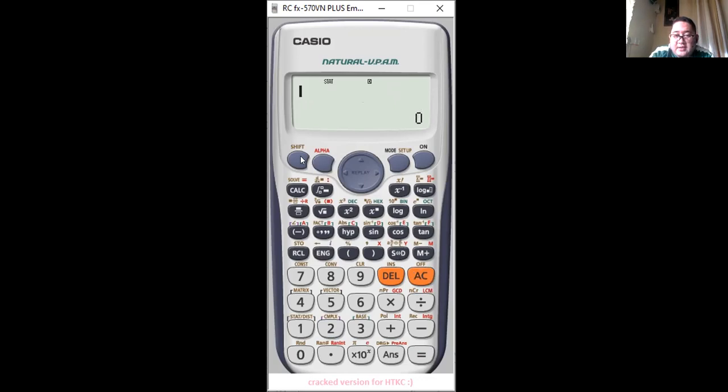Then, kailangan kong kunin yung standard deviation. So, AC ulit. Tapos, shift, stat, variable, then yung number 4. Okay? So, ito yung standard deviation niya, 5.083. Okay, nakuha na natin yon.